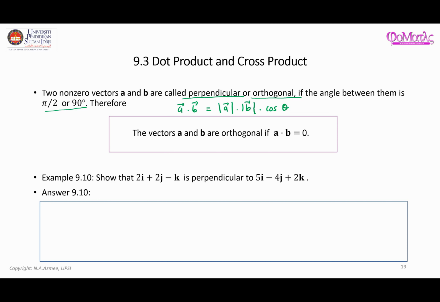If theta here is 90 degrees, cos theta will become 0. Cos 90 degrees is 0. Therefore the whole expression is going to be 0. If vectors A and B are orthogonal, the dot product of A and B is equal to 0.